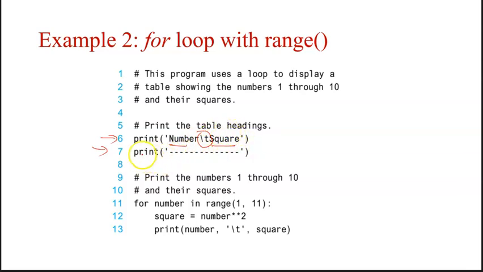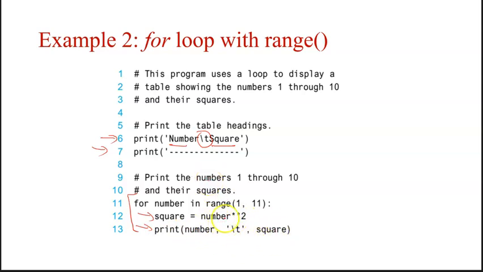They're just typing in a separator over here. So this is the loop: the variable is number, and then the range goes from 1 to 10, or rather 11. It never goes to 11, as I said. Then you're defining a square over here, and then printing the number, the tab space, and the square of that number.